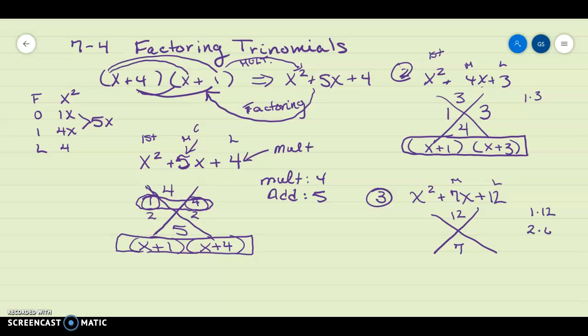We also have 2 times 6, and we have 3 times 4. Which of these pairs would add up to a 7? That's what we're asking ourselves. What two numbers that multiply to 12 will also add up to be a 7? Hopefully we realize it's a 3 and a 4. The 3 and the 4 are the two numbers that get written into the binomials. So it's x plus 3, x plus 4.